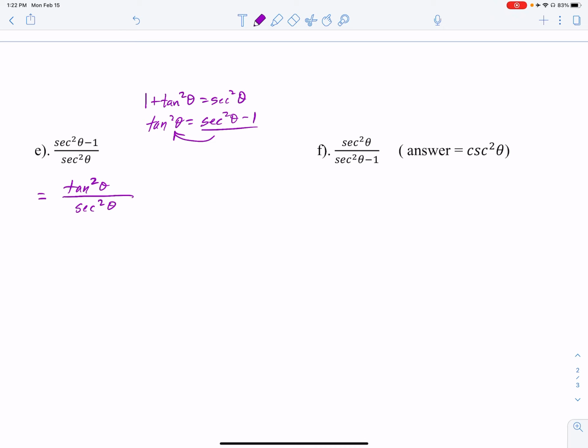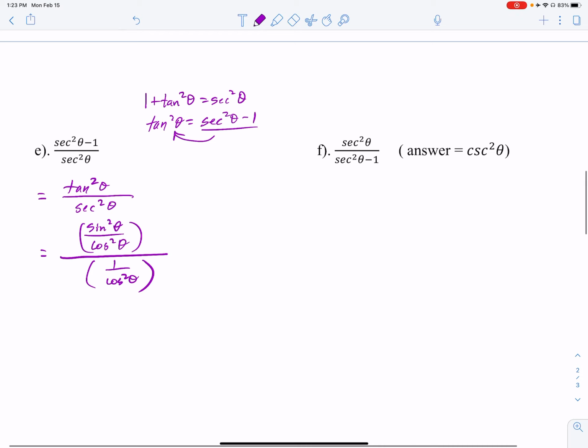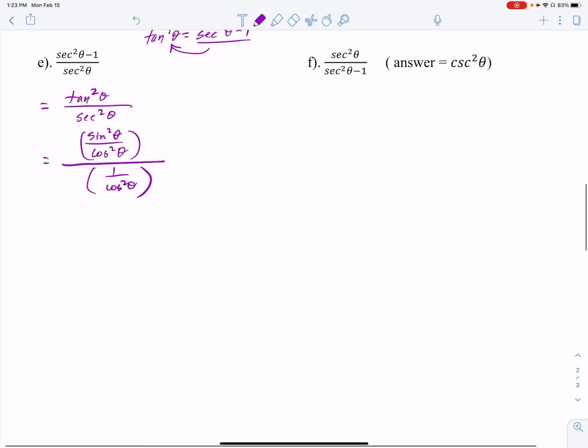And so I have tangent squared theta over secant squared theta. Well, at this point, I'm going to change these in terms of sine and cosine. So tangent squared is going to be sine squared theta over cosine squared theta. That's your numerator. All over secant squared, which is 1 over cosine squared theta. And so when you divide those, you multiply by the reciprocal.